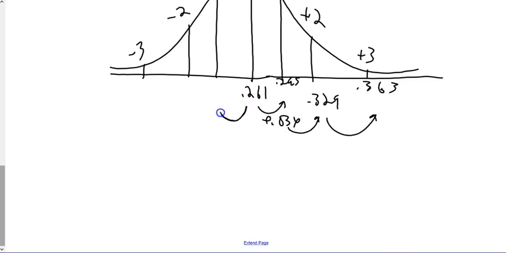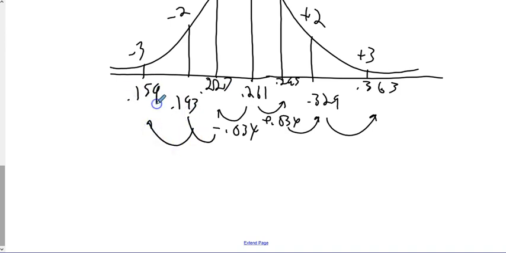And then we're going to go the other direction, and we're going to subtract 0.034. That's not going to give us 0.261, that's the mean. It's going to give us 0.227. We're going to do it again and get 0.193. And we're going to subtract again and get 0.159. And those are the different averages out so many standard deviations. Hopefully this is coming back to you.